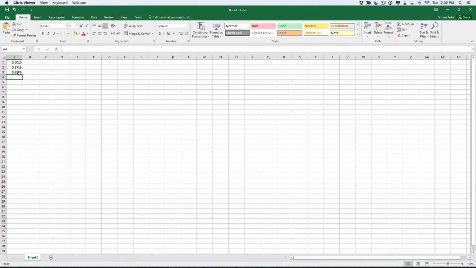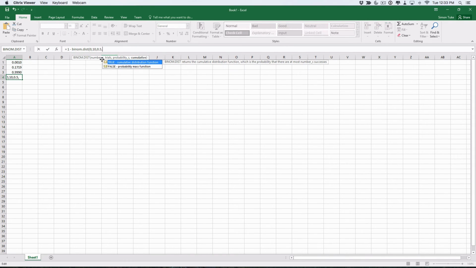Or if you want to do it in finer terms, you can say it equals 1 minus binom.dist, where you've got 0, 10, 0.5, 0, or to be more precise, false. And then if I round that down to 4 decimal places, there's the answer.